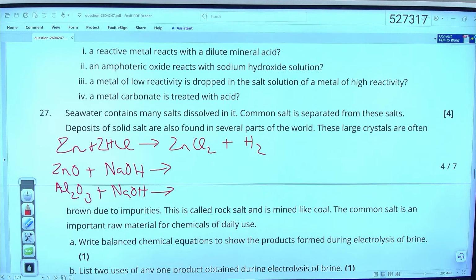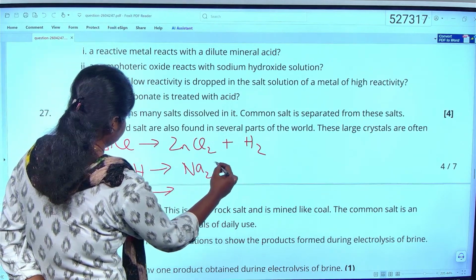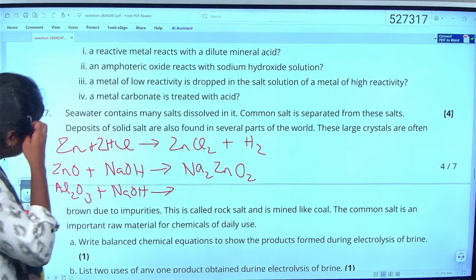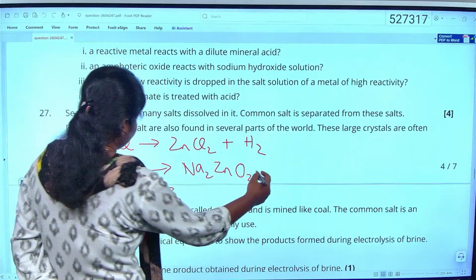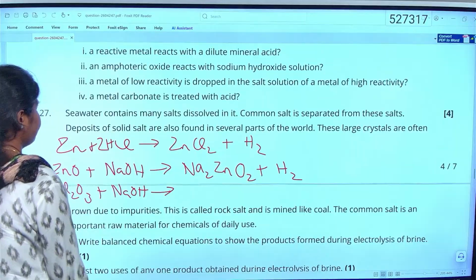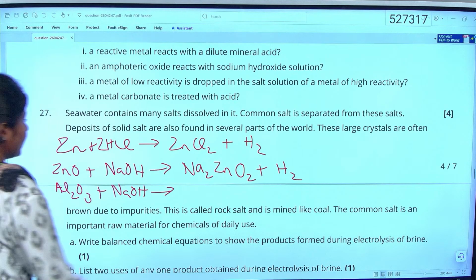Sodium zincate. Formula? Na2ZnO2, plus H2O.